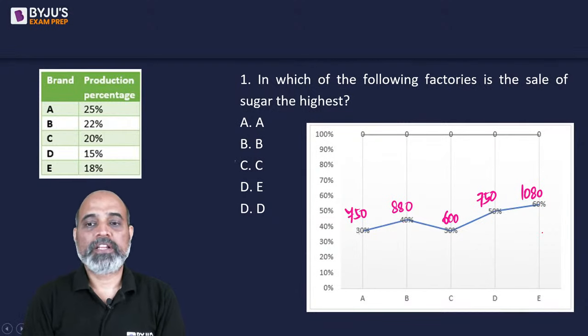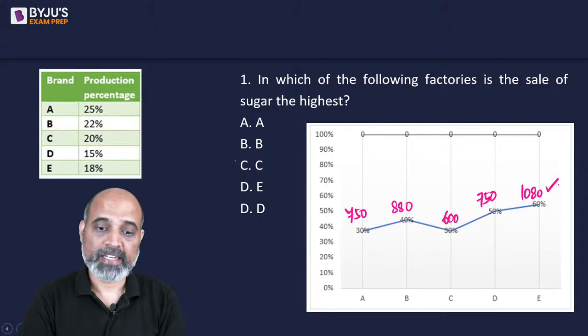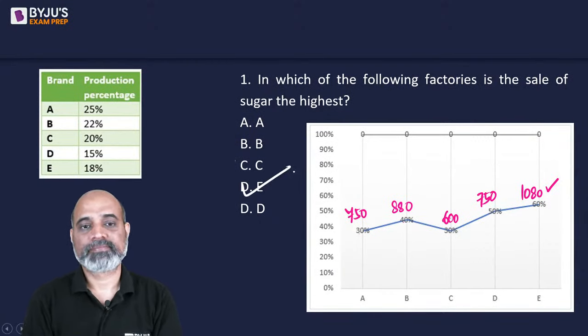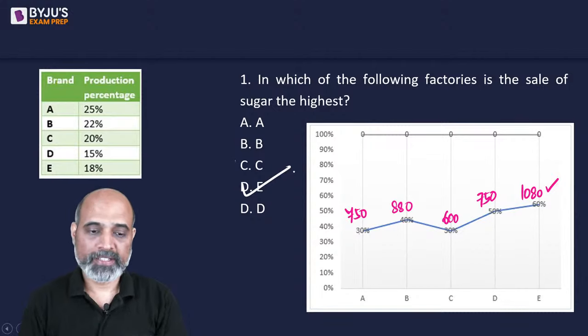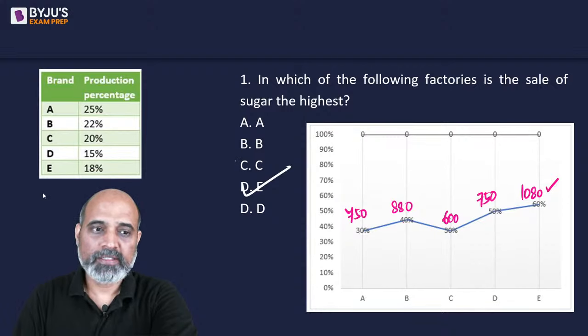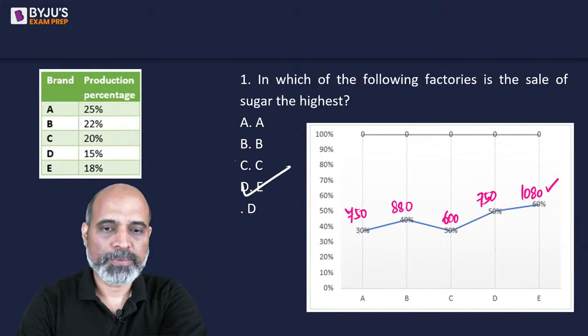So you will see here that the highest is E. So our answer is going to be E. I hope you guys understood what I am trying to say here. Okay, it should have been option E.